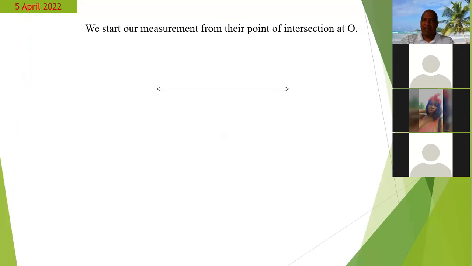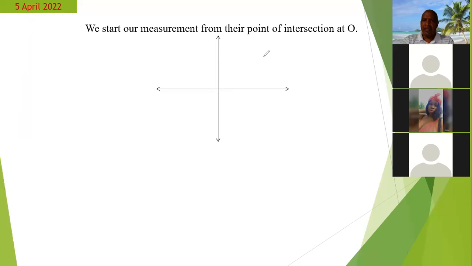All right, so with that said, we want to look at now. So we start our measurement from the point of intersection. Now, if we are to look at where these two lines intersect or where they cross, it would be right at that point in the middle there, right?